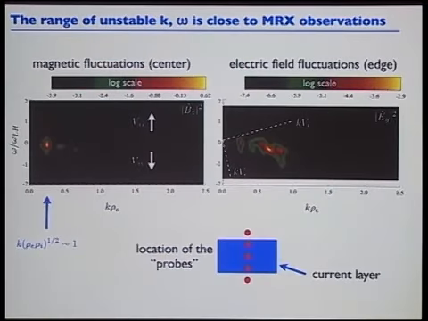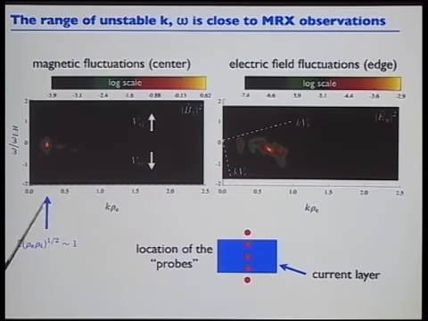I believe this one too had some weak Coulomb collisions in the ballpark of what MRX would have. And here he's doing these power density plots. The left-hand side is his magnetic fluctuations near the center. He's got a probe where he's looking at a time series as a function of time and as a function of the y direction. So he can actually invert the whole thing and compute omega as a function of k.